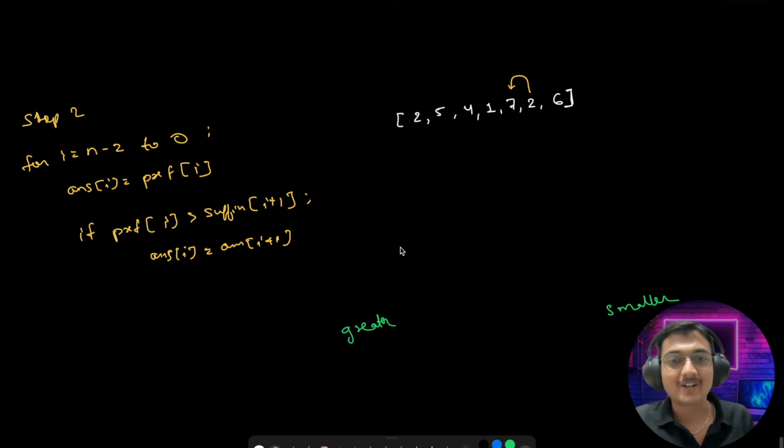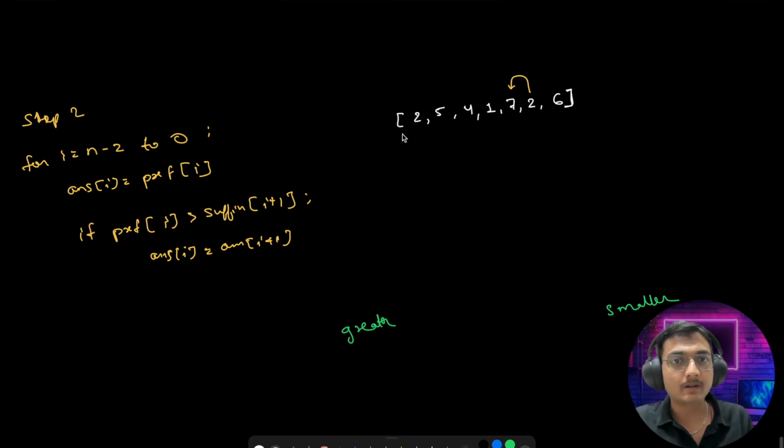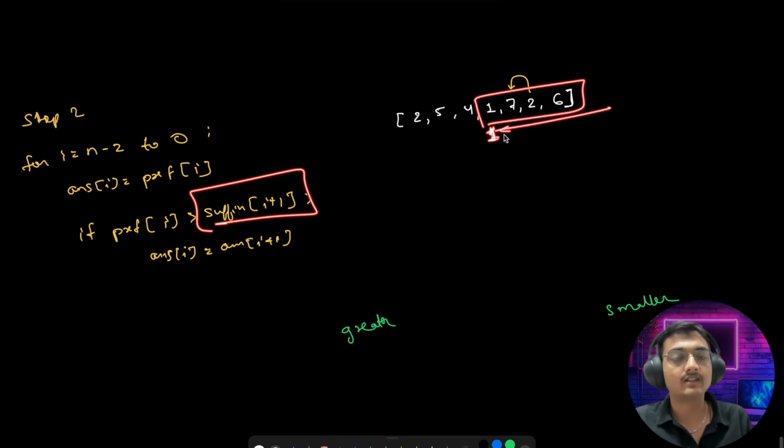Super. Now let's try to understand. It's very easy, just be careful. Let's say I'm at 4. I will try to apply this formula. What is the prefix max till here? I think 5 is the prefix max, right? What is the suffix at i plus 1? I think 1 is the suffix, the only smallest element among all of these.